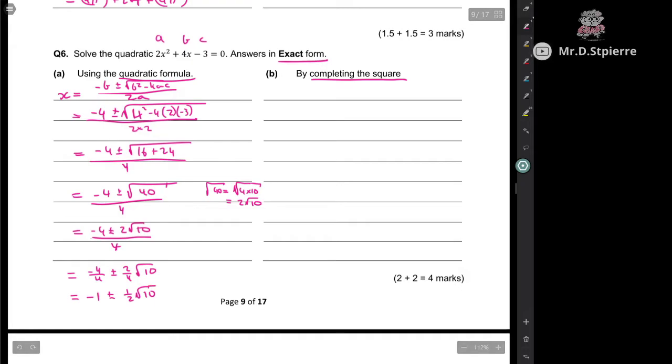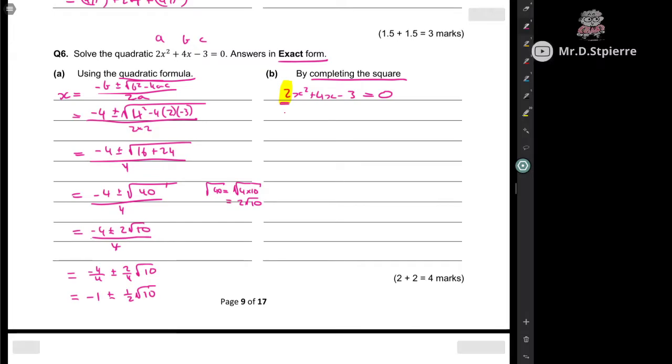Now completing the square. Takes a bit of working out. We have 2x squared plus 4x minus 3 equals 0. Now there's a rule for completing the square: the coefficient of the x squared term needs to be 1. We can't have this 2 here.